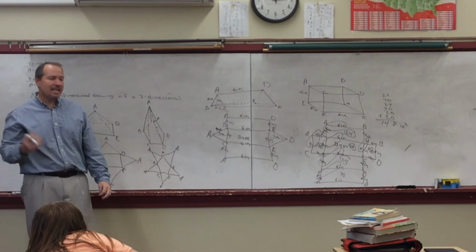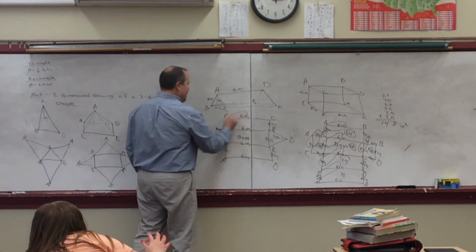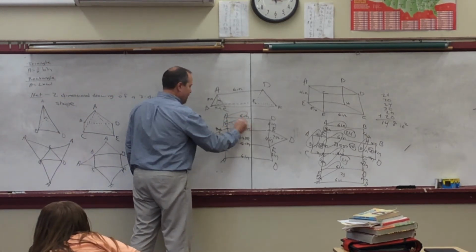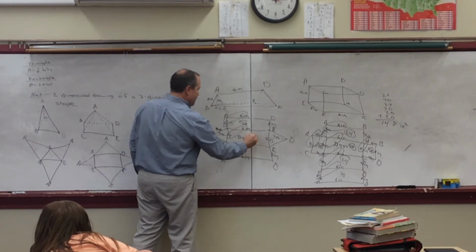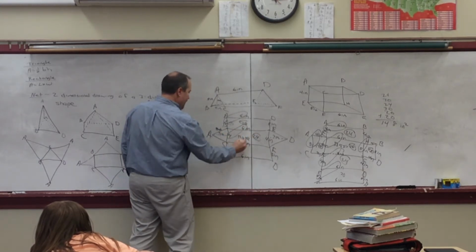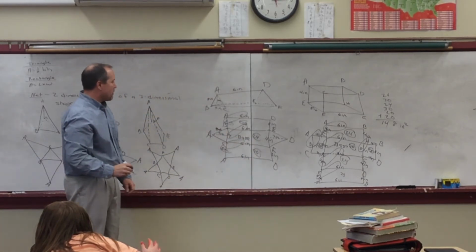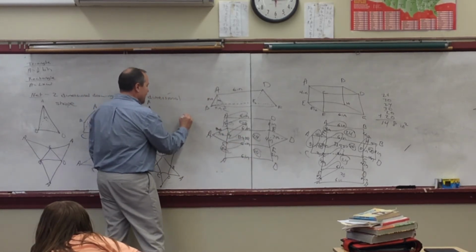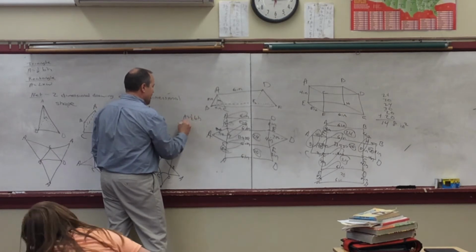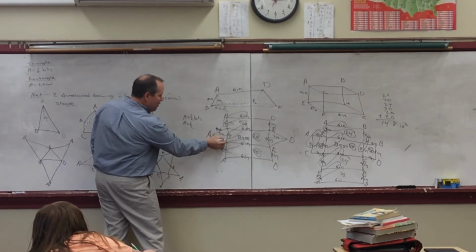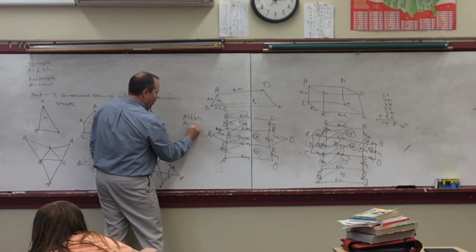So now we find the areas. 5 times 6 is? 30. 6 times 4 is? 24. 5 times 6 is? 30. Now we've got to find the area of that triangle. Triangle is A equals 1/2 base times height. A equals 1/2. My base is 4.